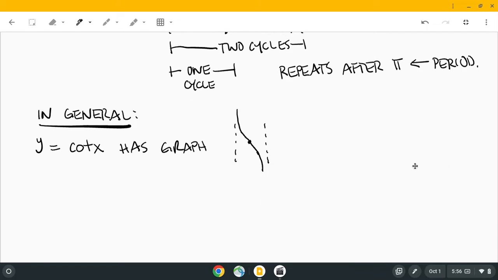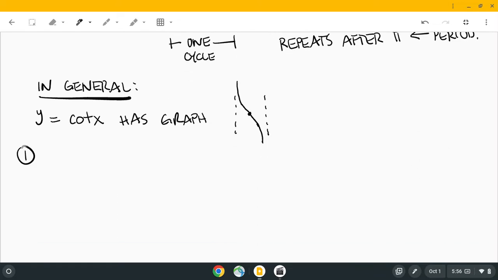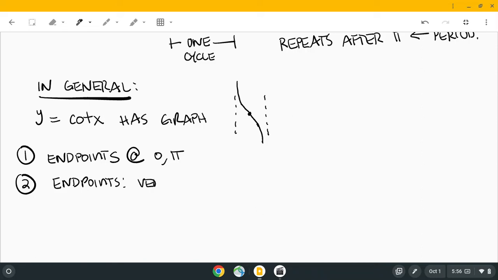Let's write all of that down. Going from 0 to pi, the endpoints at 0 and pi also have vertical asymptotes.